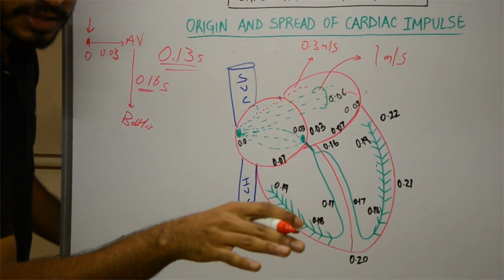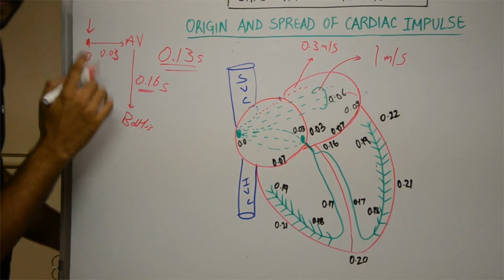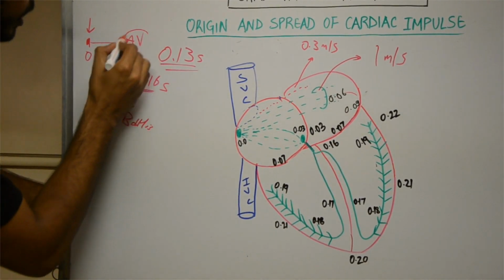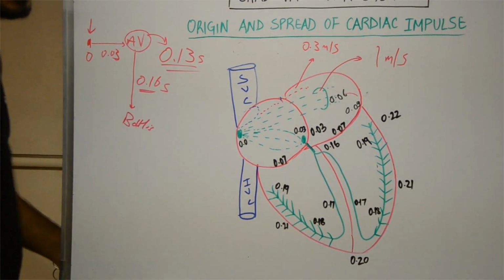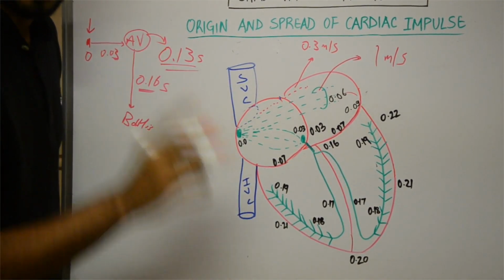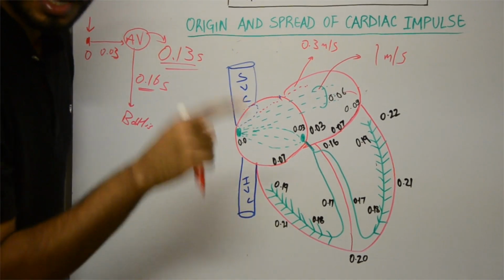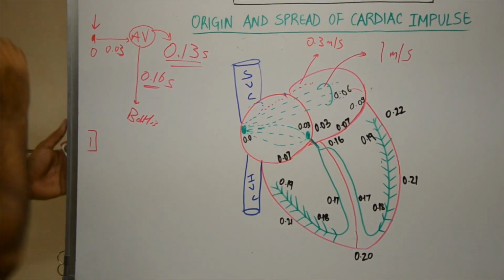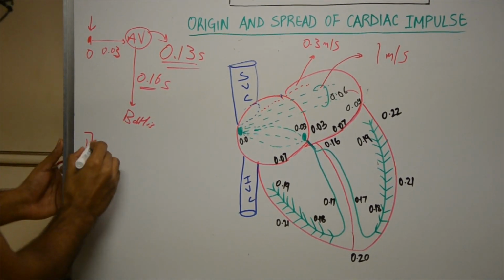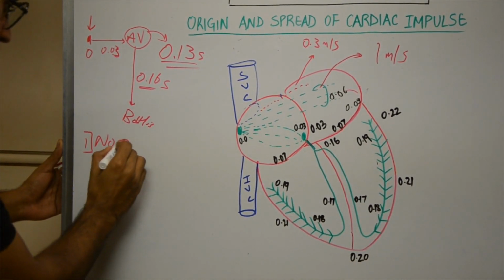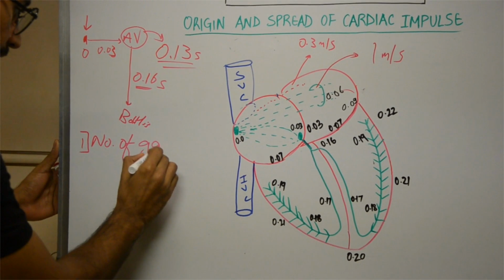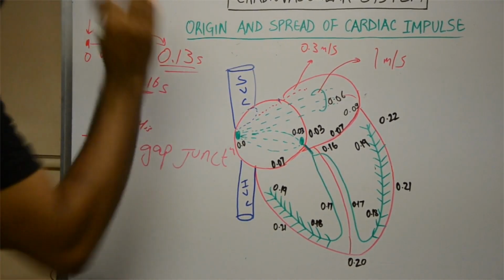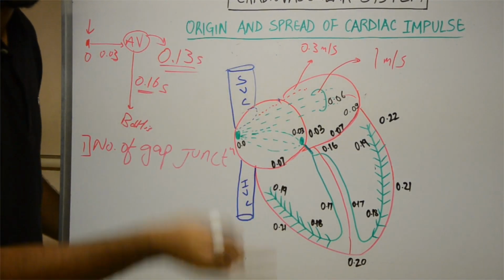Now, out of this, 0.03 has already been discussed. It is in the internodal fibers. So 0.13 seconds delay occurs in the AV node. Now why does this delay occur in the AV node? This is very important. The first and the most important reason is that the number of gap junctions in the AV node are very less.